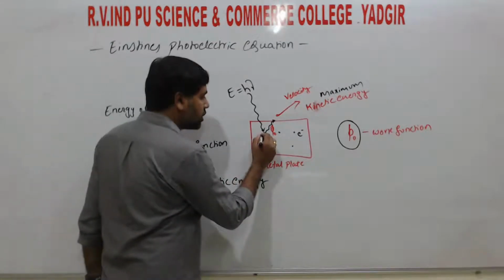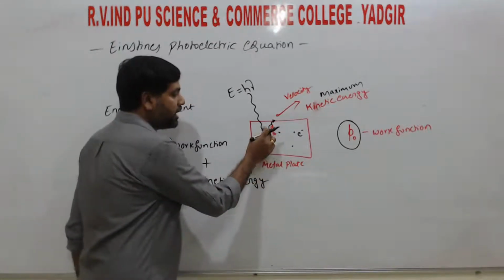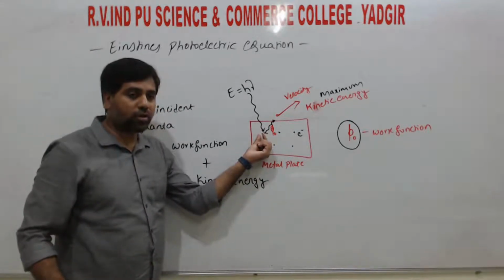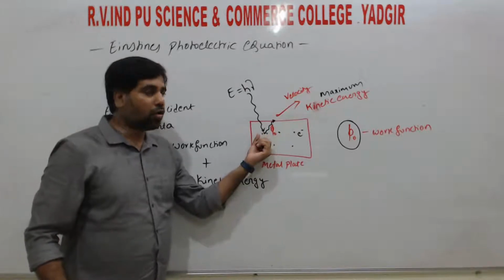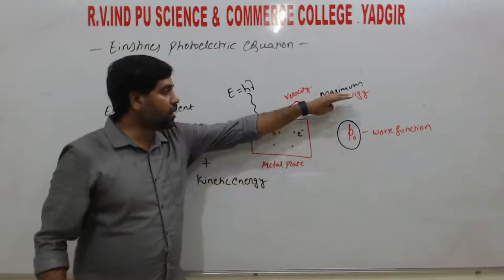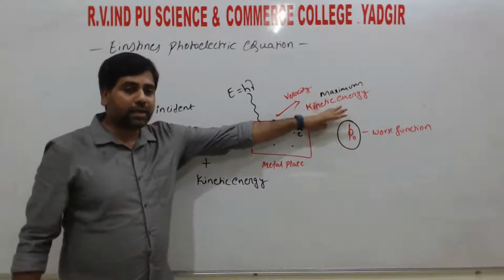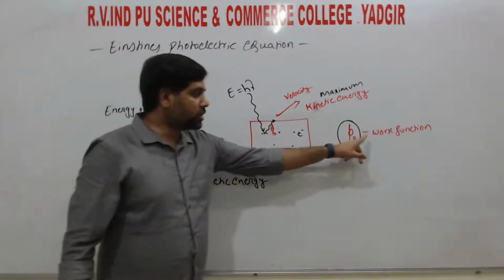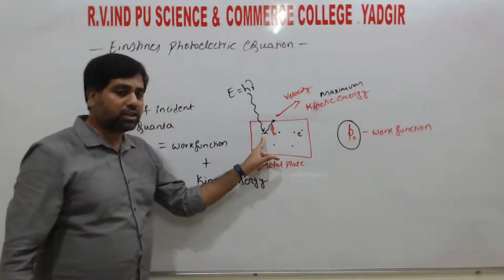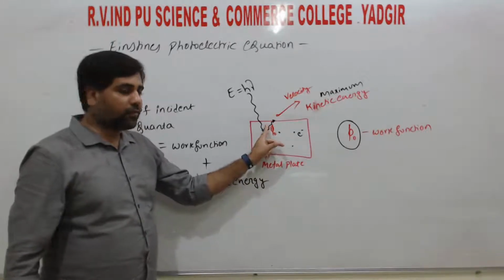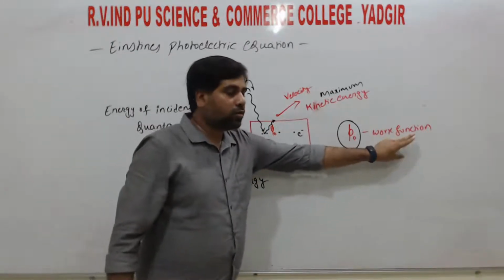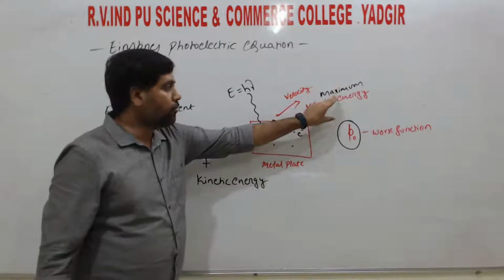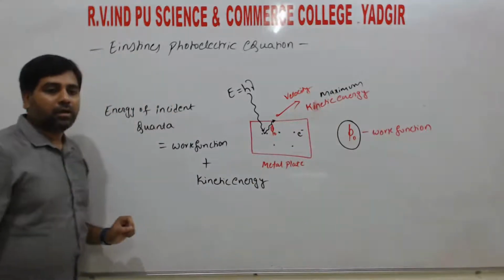If the electrons are closely bonded, they need more energy, so the work function is more, hence the kinetic energy is less compared to the maximum kinetic energy, right? So if the electrons are closely bonded, the work function will be more because it absorbs more energy to escape from this metal surface.